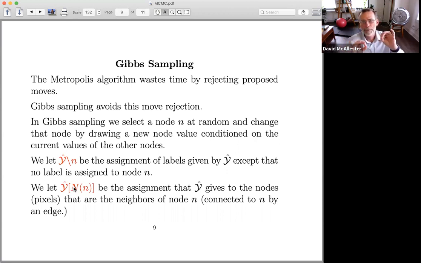If I take all the neighbors in the graph and look at those edge scores, that's determining all of the other values in the graph that influence this distribution. It's the Markov blanket. So I'm going to use this notation for the restriction of this assignment to the neighbors of N.